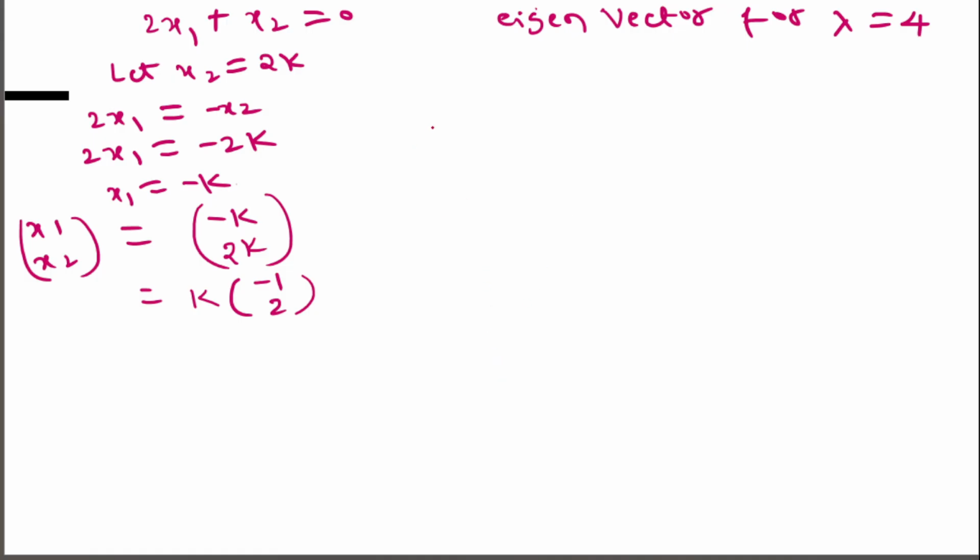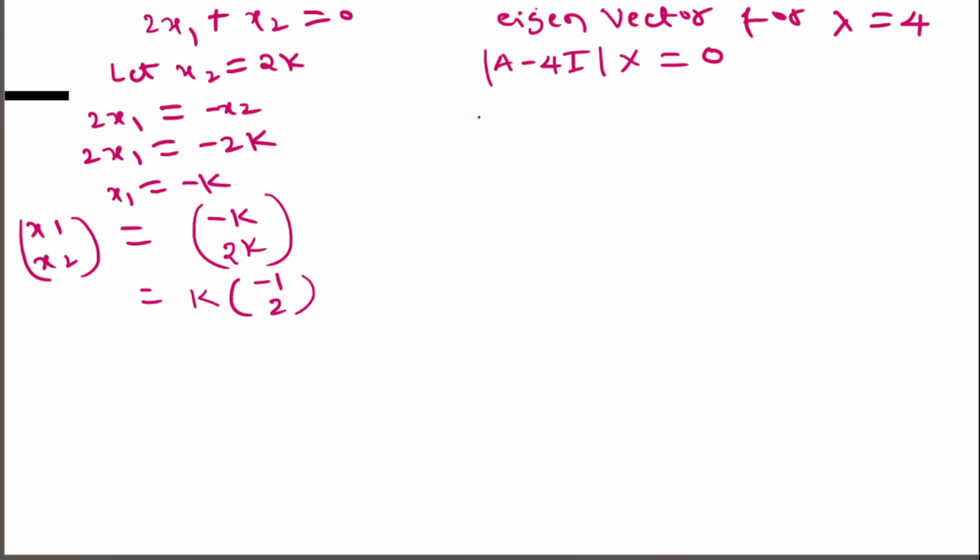We have to directly subtract this lambda 4 in the given A matrix in diagonal form, that is A minus 4I into x equal to 0 in this way. Here 4I, where I is the identity matrix, is 4 0 0 4, and the A matrix is 3 1 2 2.